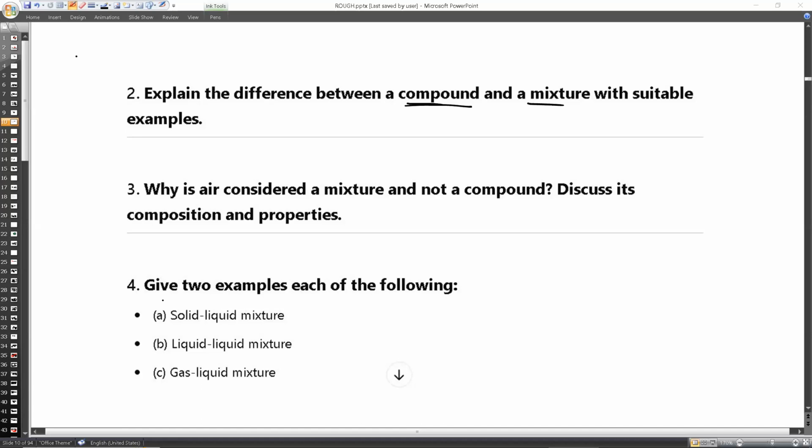And give two examples of each of the following: solid and liquid mixtures. Solid and liquid. There are so many. Solid and liquid mixtures: sugar solution.